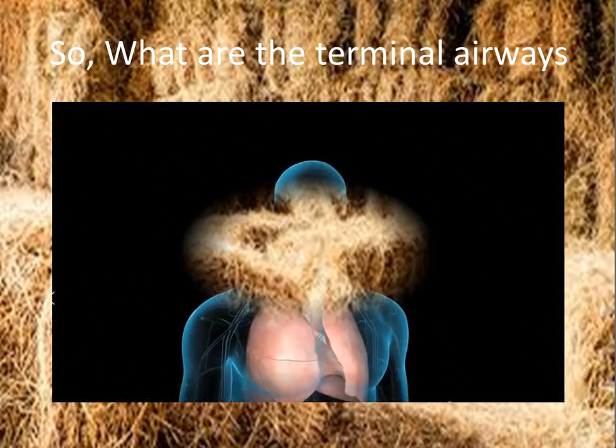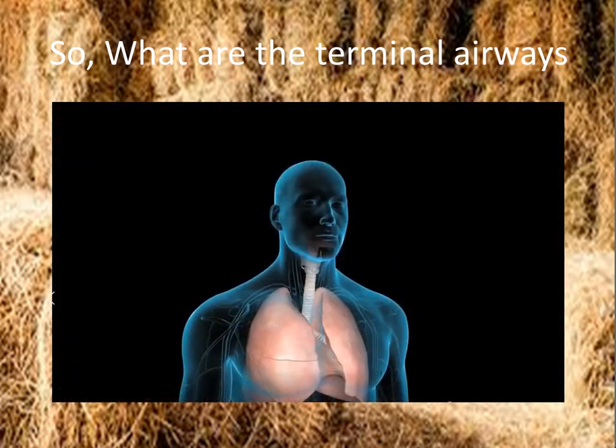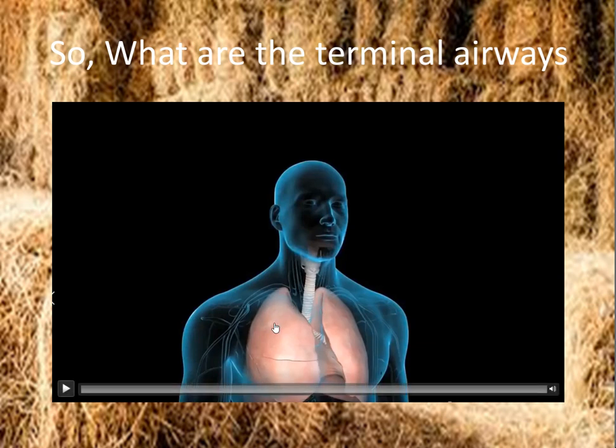So in this video, what you see is a human being, and these are the lungs of the human being, and in between these two lungs here is a tube. The tube is known as the trachea, and the tube bifurcates into two sides, the two bronchi.